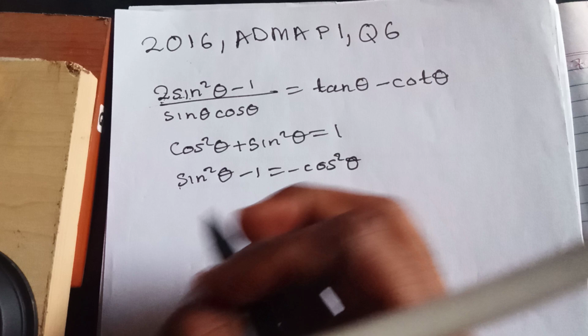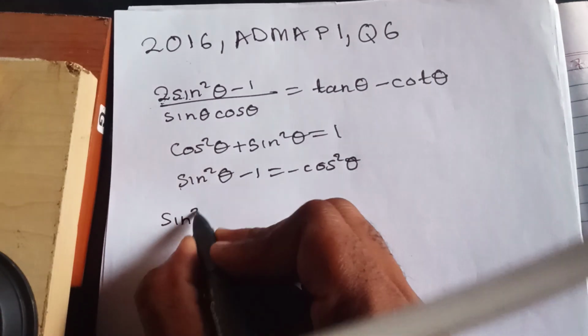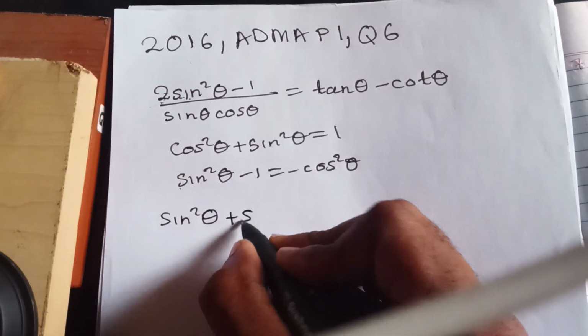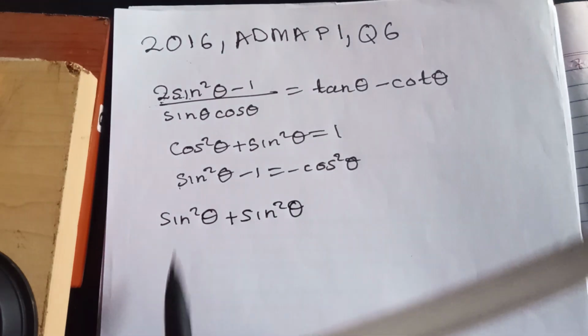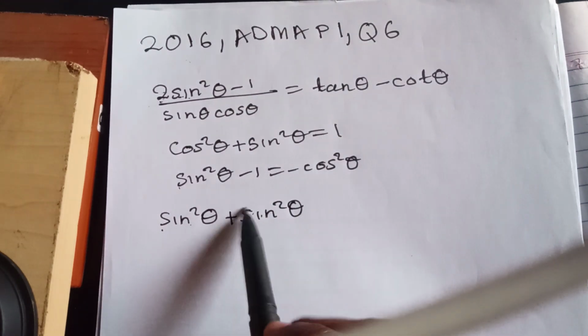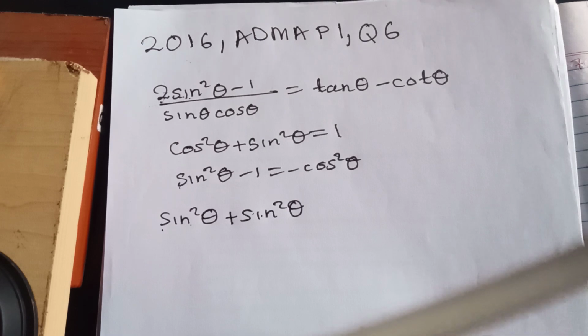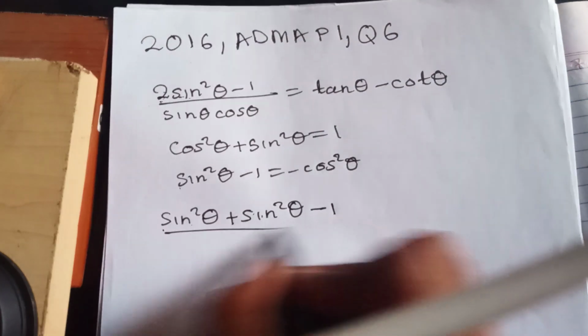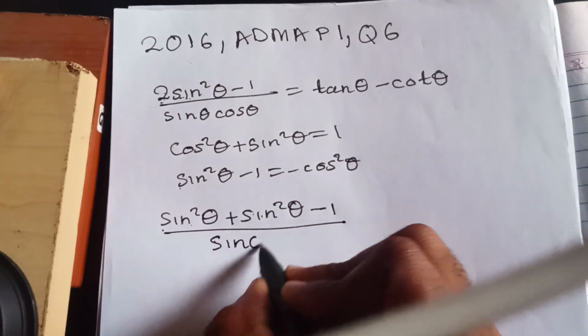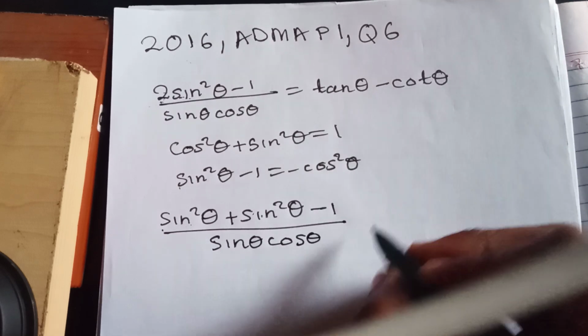2 sine squared theta is the same as sine squared theta plus sine squared theta, because when I add these two, I'll get 2 sine squared theta. Then minus 1, everything over sine theta cos theta.